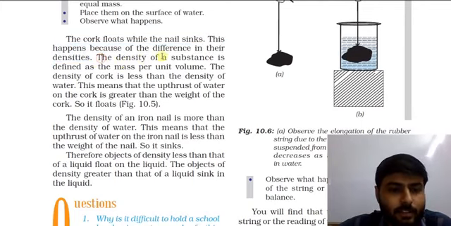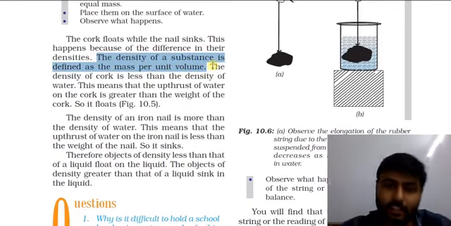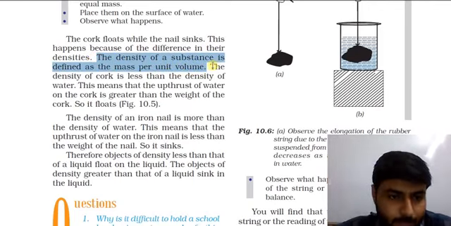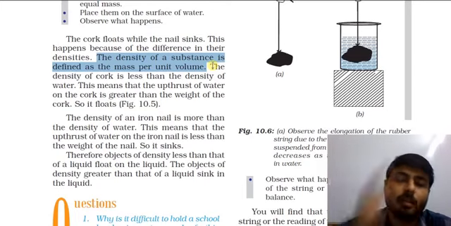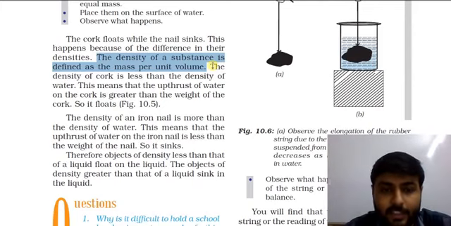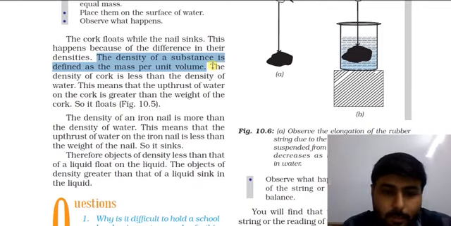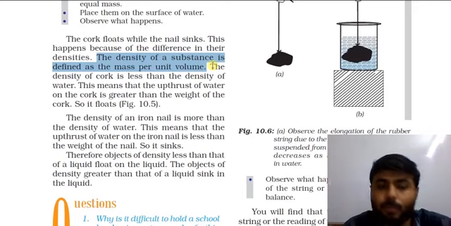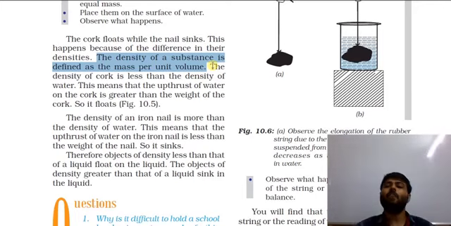The density of a substance is defined as mass per unit volume. The density of cork is less than the density of water. This means that the upthrust force of water on the cork is greater than the weight of the cork.